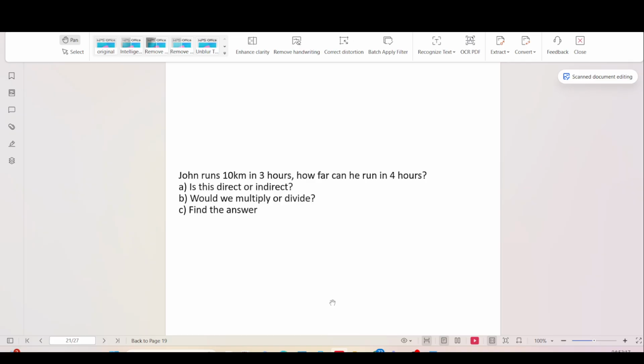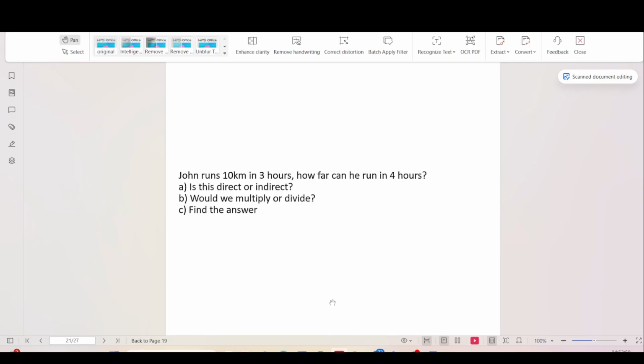Next one, this one. So this is direct, and then we divide.